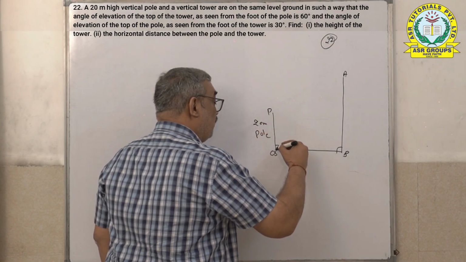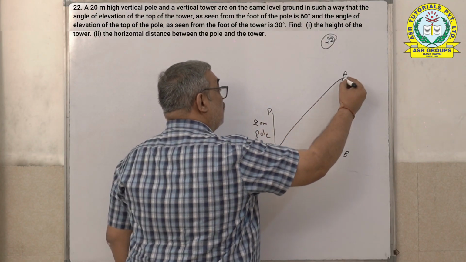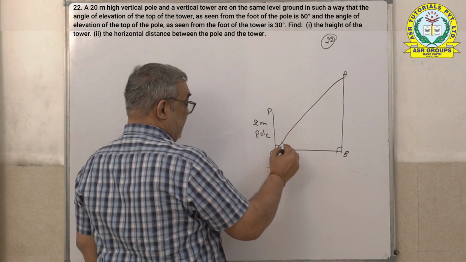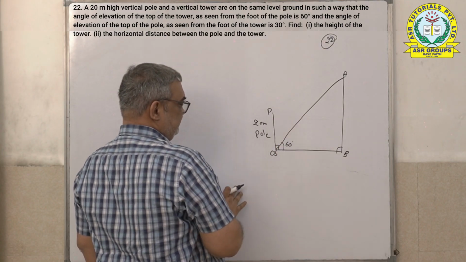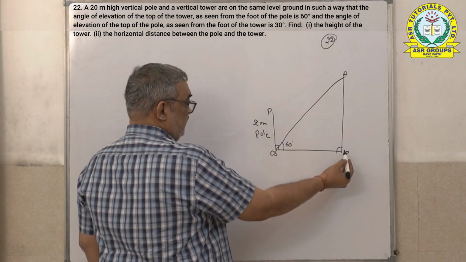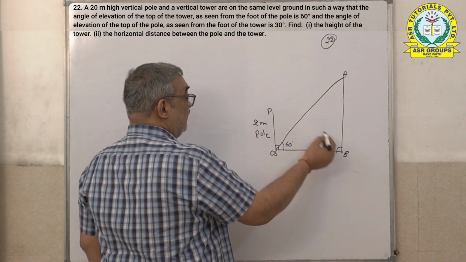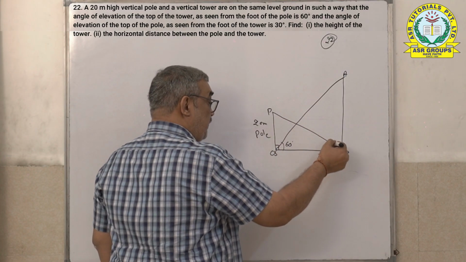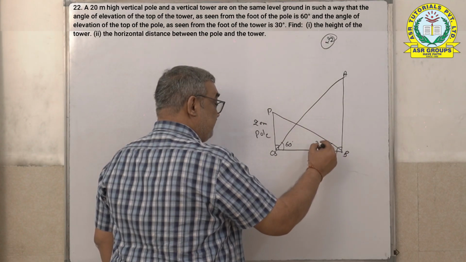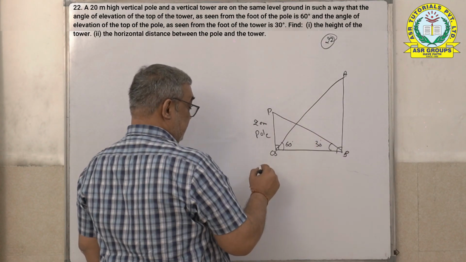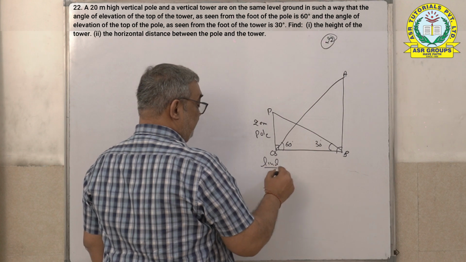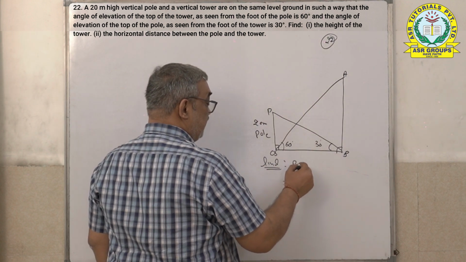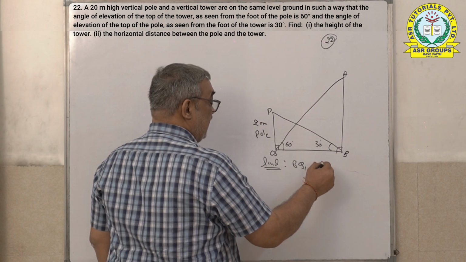From the bottom of the pole to the top of the tower, the angle of elevation is 60. From the bottom of the tower to the top of the pole, the angle of elevation is 30. I have to find BQ and AB.